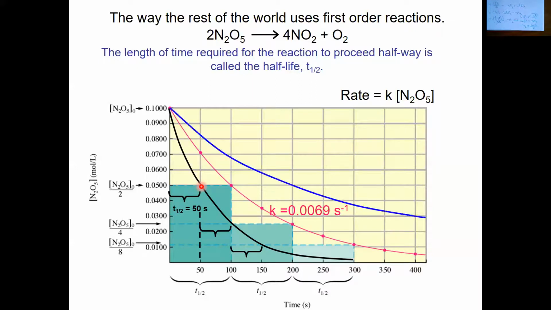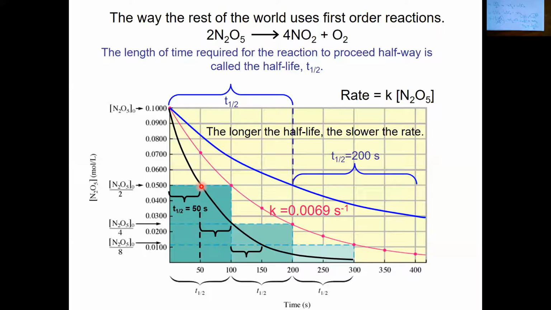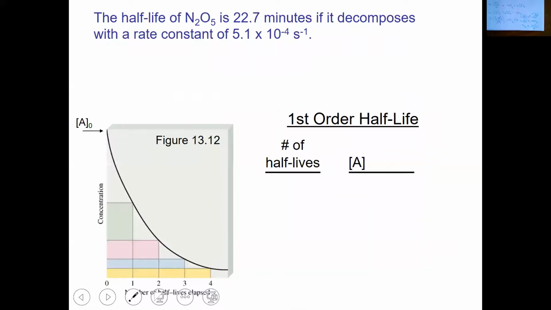What if I compare that to this blue trace? The half-life for the blue trace is longer than the pink one. In fact, it's twice as long as the pink one. The longer the half-life, the slower the rate. So you could calculate rate constants for the black trace and the blue trace. But in general, the longer the half-life, the slower the rate. There's our rate constant for the black one.